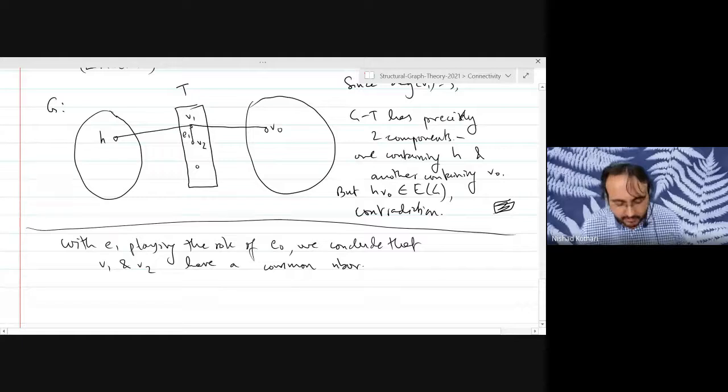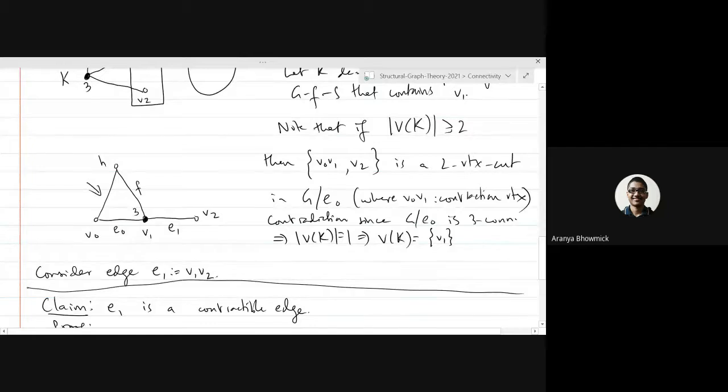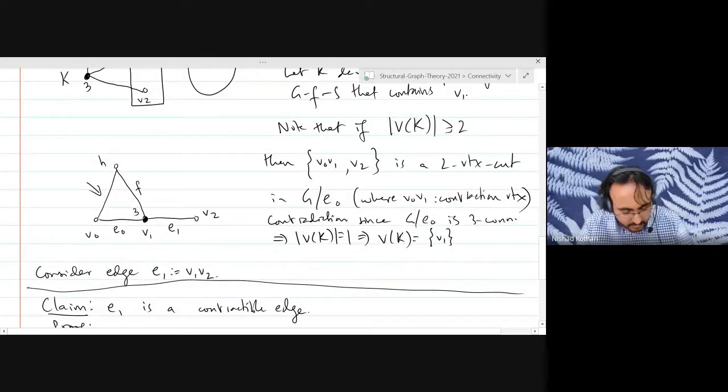Okay, how can V1 and V2 have a common neighbor? Sir, this is because E1 is not strictly contractible, right? That's right. Yeah, it is not strictly contractible because we don't have any strictly contractible edges in the graph, right? So if V1 and V2 have a common neighbor, the only way that is possible is either V2 and H are adjacent or V2 and V0 are adjacent.